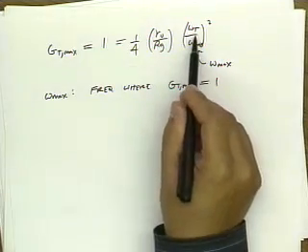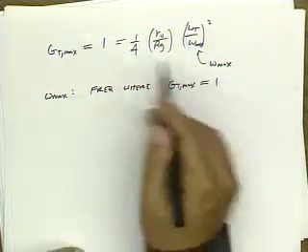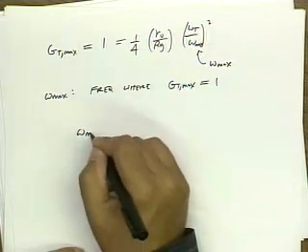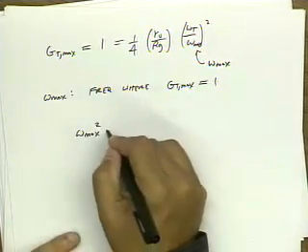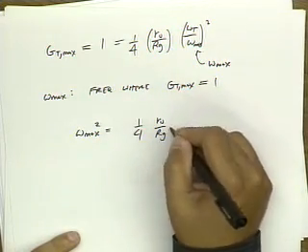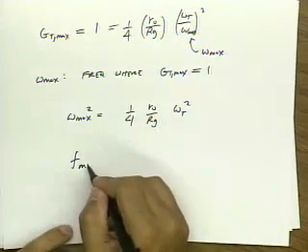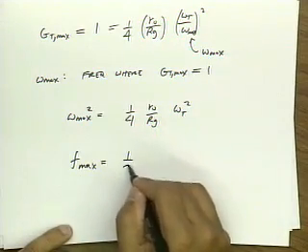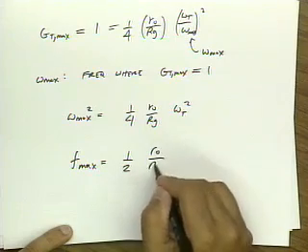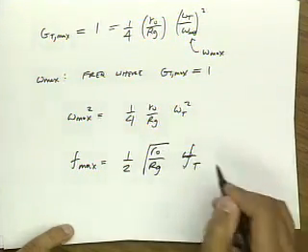We'll find that it's related to omega t, but it's not equal to omega t. Okay? So in fact, it's very simple. I can now solve for omega max squared is equal to 1/4 Rho over Rg omega t squared. So if I take square root, I have that F max is equal to 1/2 square root of Rho over Rg times the Ft of the device.